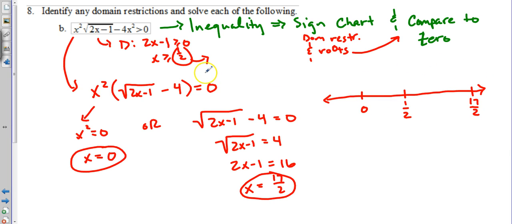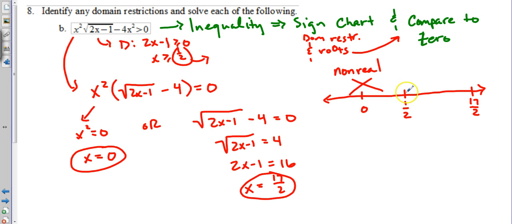Now for this problem, it's a little bit special in that we've got a domain restriction that says our x values better be bigger than 1/2. When they are not bigger than 1/2, they are not real. So these are imaginary or non-real values. They're not in our domain.